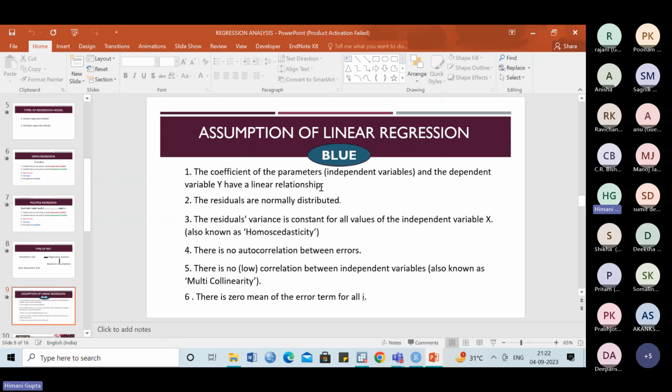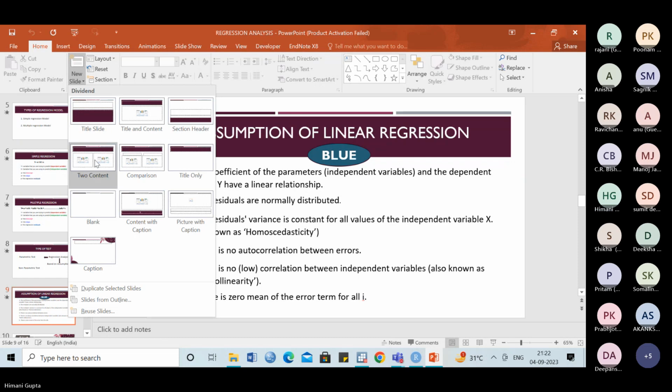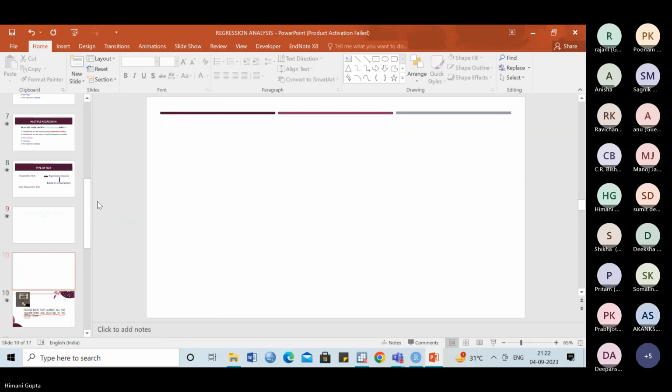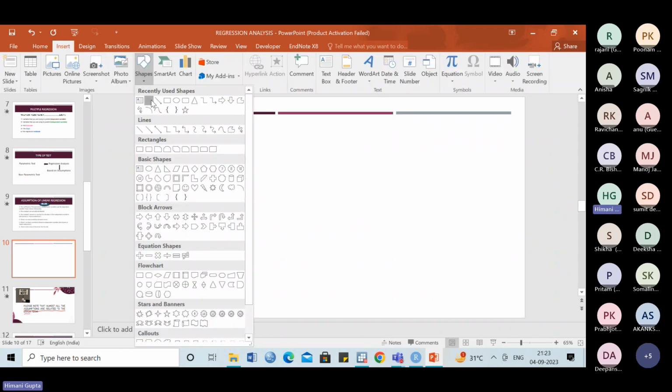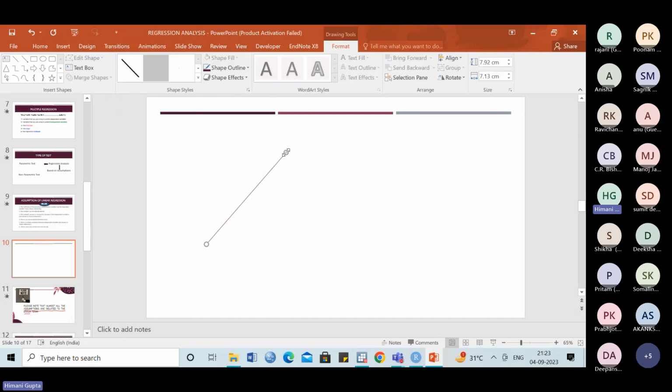Now, you just tell me whether all the regressions are only linear or there can be curvilinear. And if curvilinear is there, then what will be the condition of curvilinear? What is curvilinear? If I am saying linear, the line should be straight.